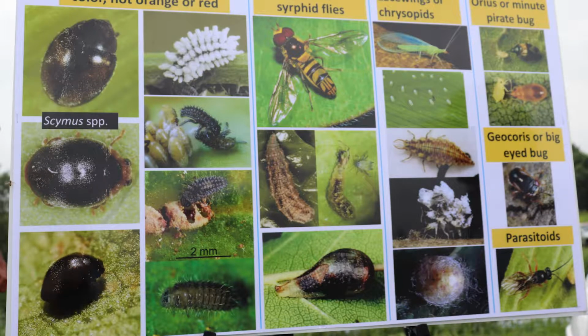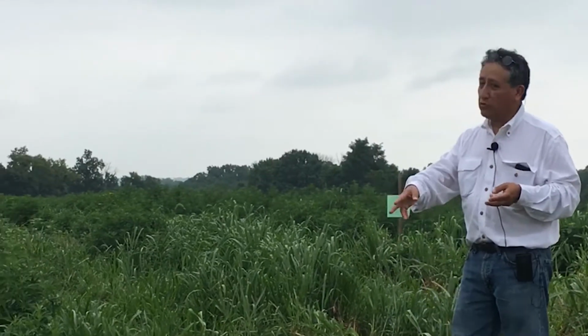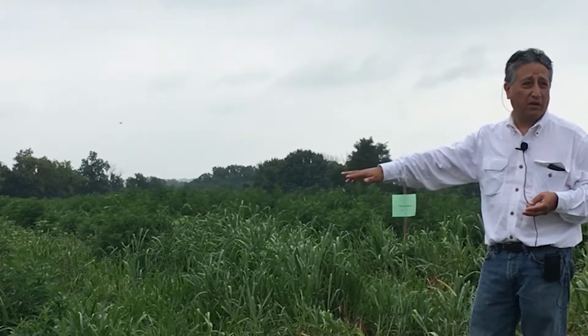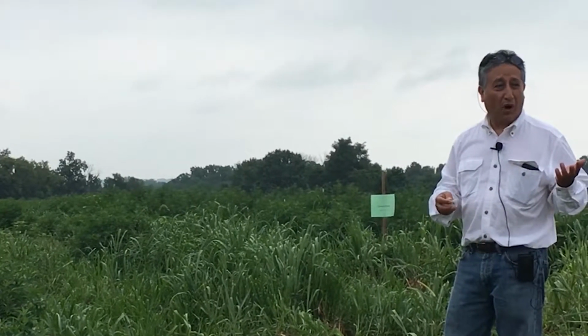I also observed some predators, some natural enemies, on hemp. Right now the only thing we can probably do is try to increase those natural enemies: ladybugs, maybe parasitoids, or even some predators. The question before was what to do with areas where you have weeds. Maybe we can plant some buckwheat.